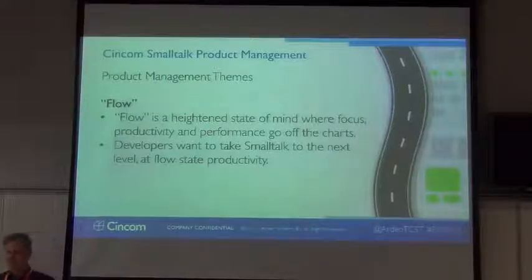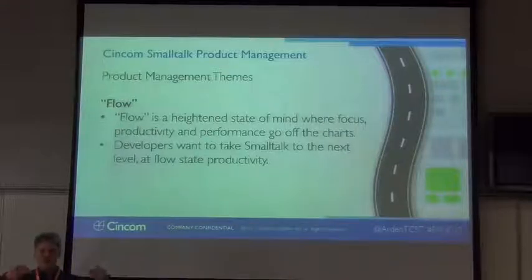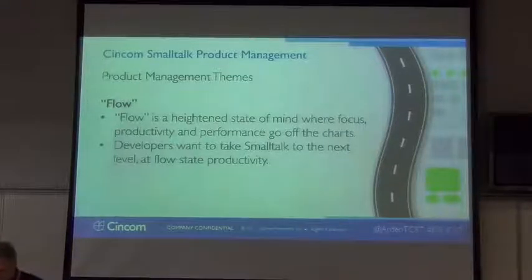You'll often see this in the context of types of sports where it can even be a life or death situation, and they need maximum performance. Well, we want to bring that maximum performance and productivity. Smalltalk is renowned for its productivity. We want to leverage that as much as we can and improve it where we can by being attentive to that. So we want to try to continue improving the productivity for Smalltalk.